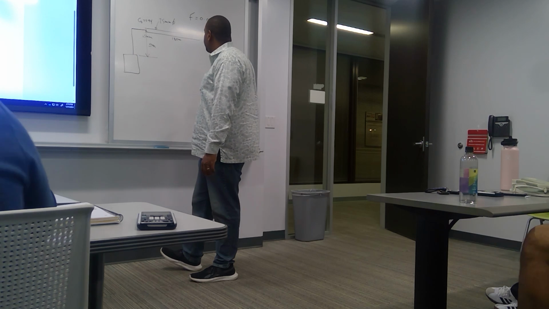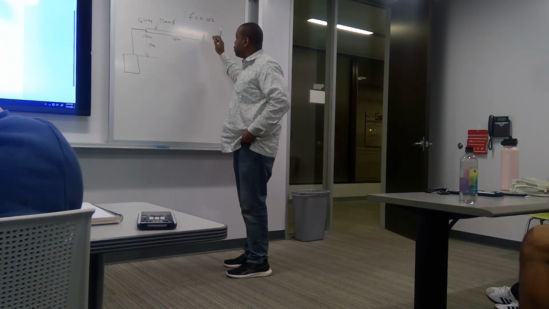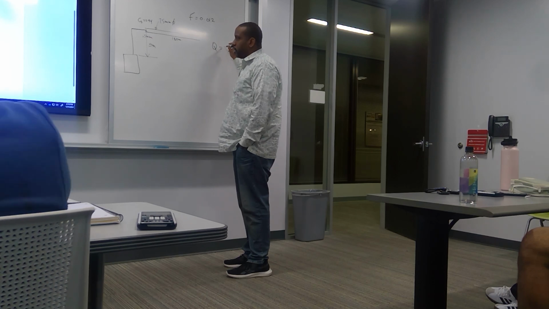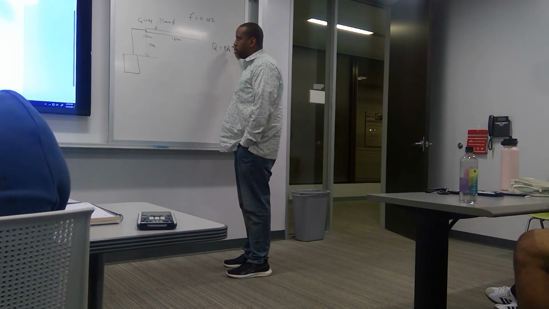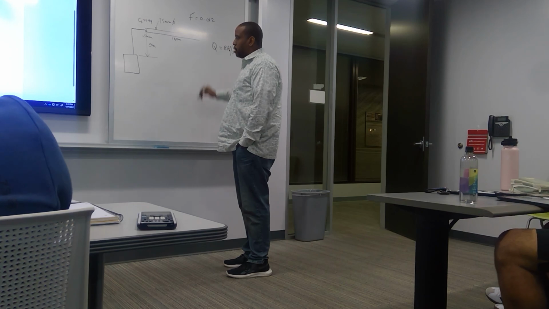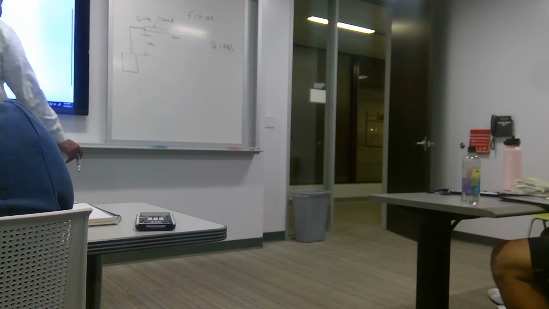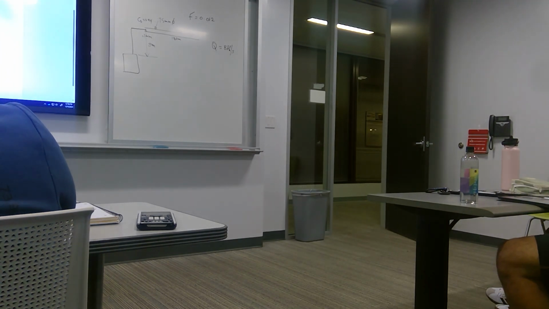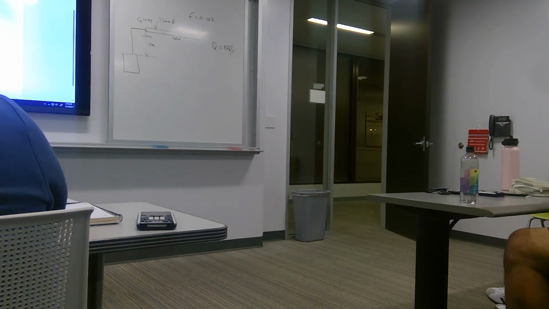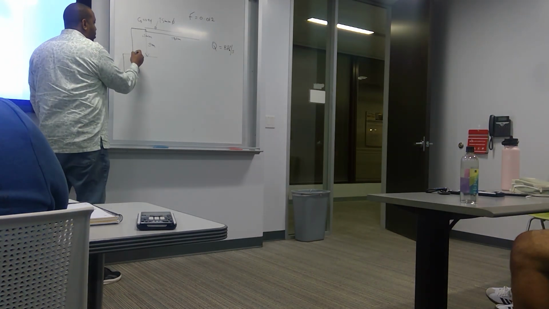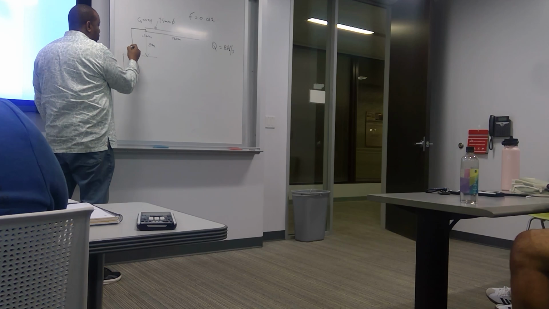They say we want to find the pressure where Q is 8 dm³ per second. Where do they want the pressure from? At the pump's outlet. So they want the pressure at this point here.